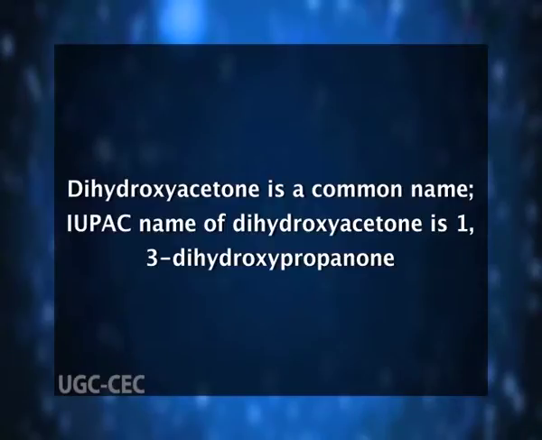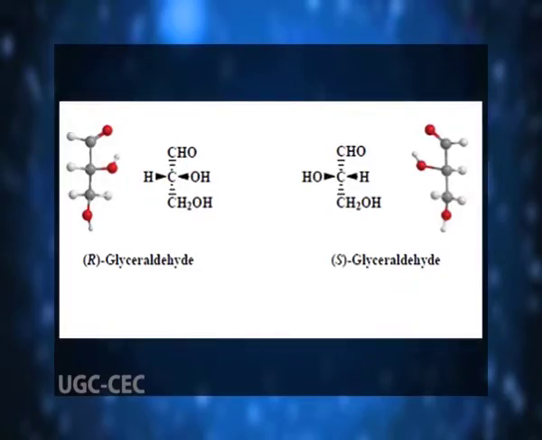Its IUPAC name is 1,3-dihydroxypropanone. The common names for these and other monosaccharides, however, are so firmly rooted in the literature of organic chemistry and biochemistry that they are used almost exclusively to refer to these compounds.